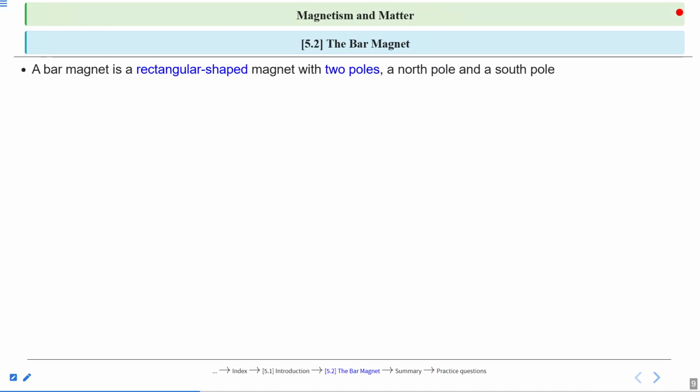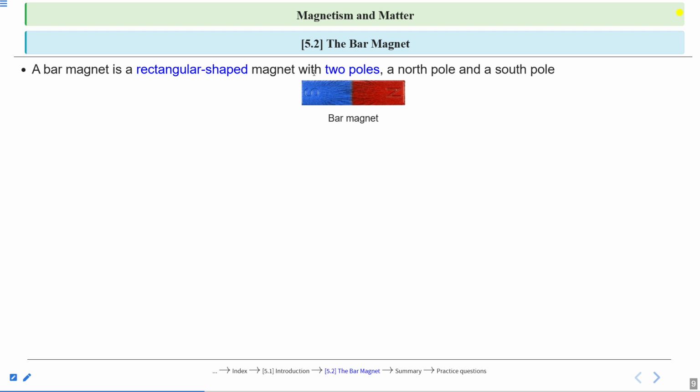Now we will discuss the bar magnet. NCERT section 5.2: a bar magnet is a rectangular shaped magnet with two poles, a north pole and a south pole. This is the representation of a bar magnet. You can also see this type of magnet in science labs.